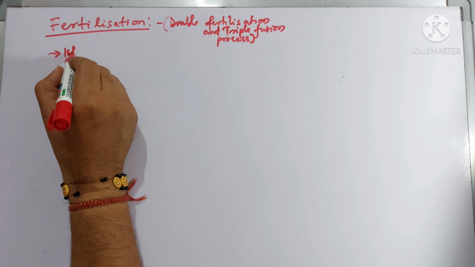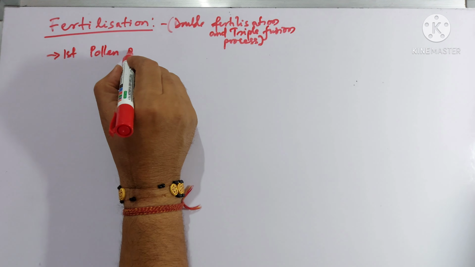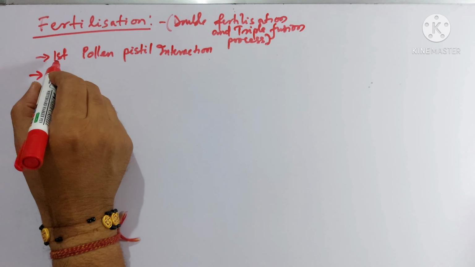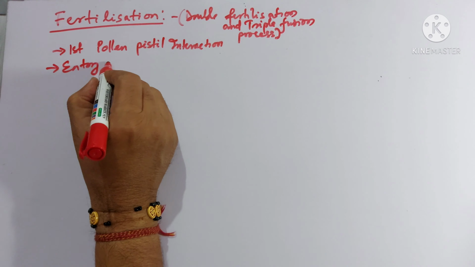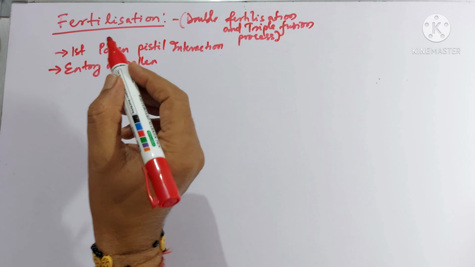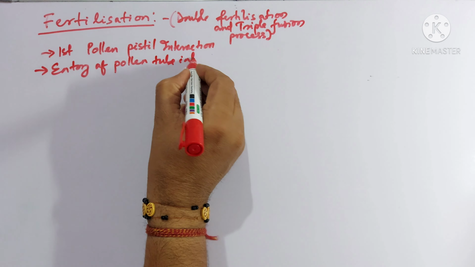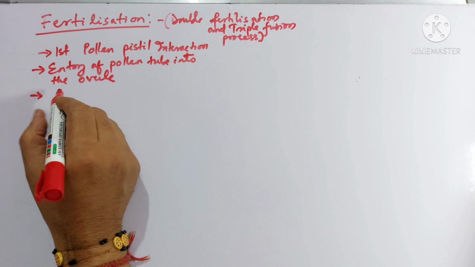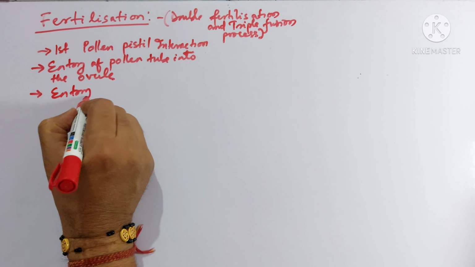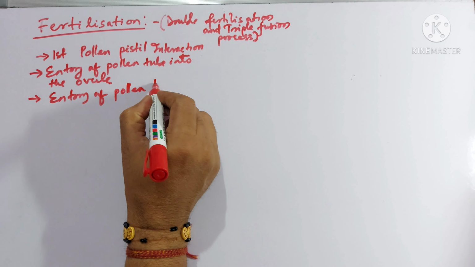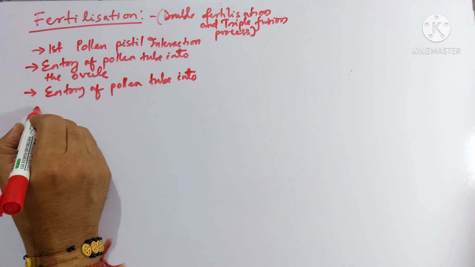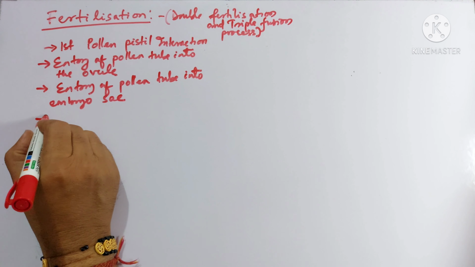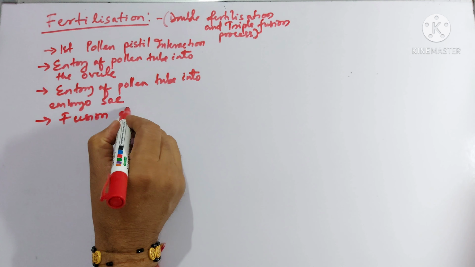First, pollen pistil interaction; second, entry of pollen tube into the ovule; next, entry of pollen tube into the embryo sac; and last, fusion of gametes.